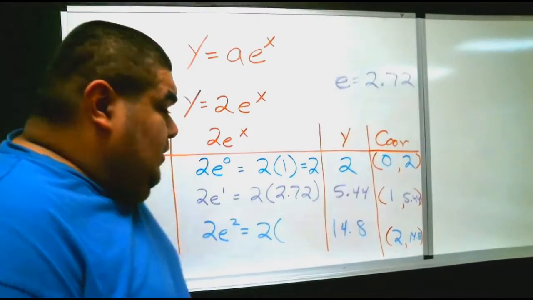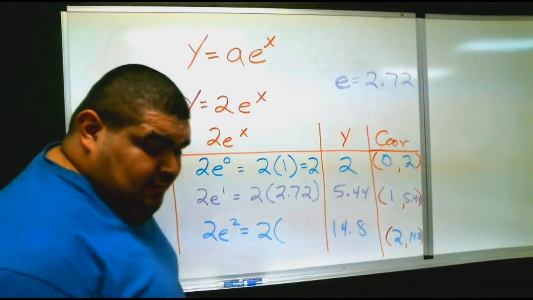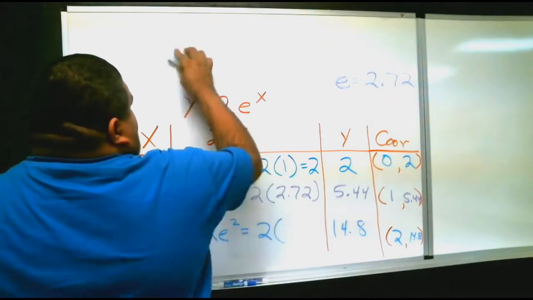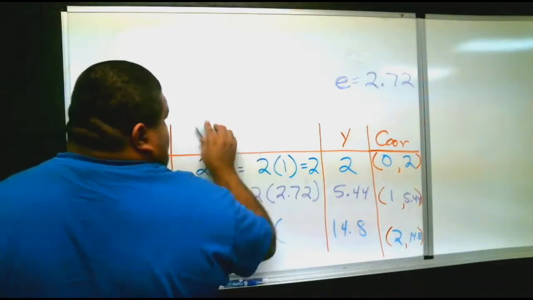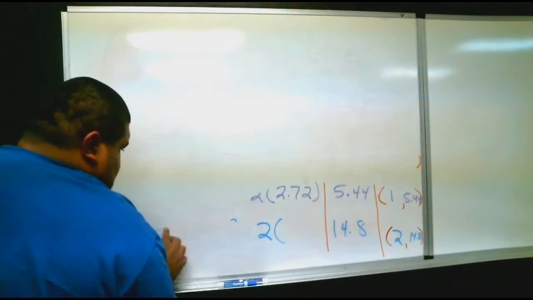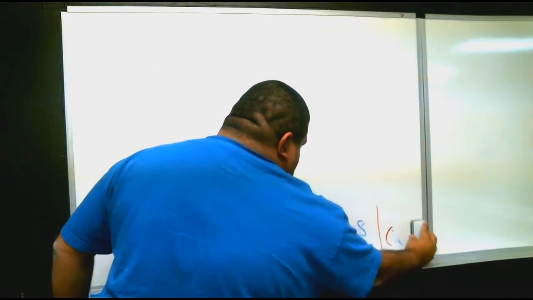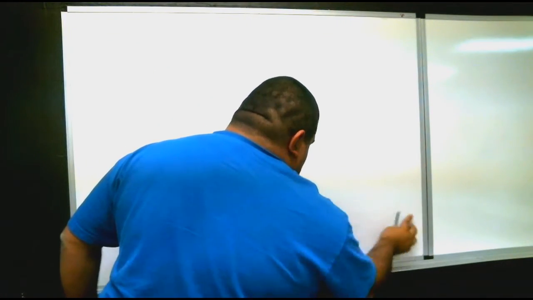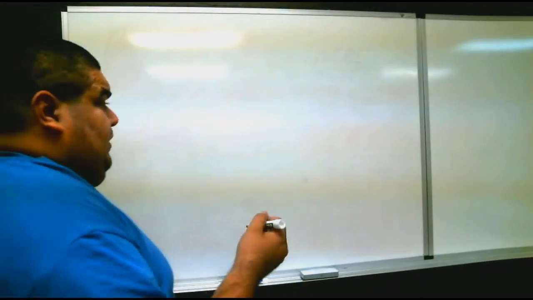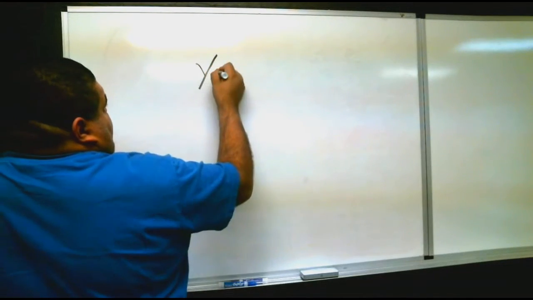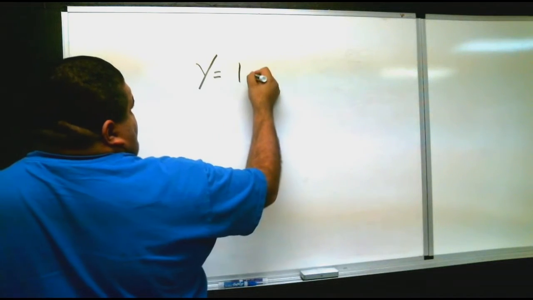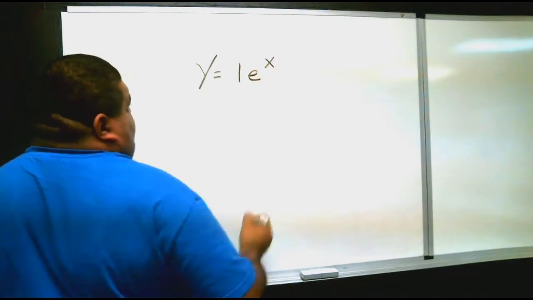Okay? All right. So here's your assignment for today. Your assignment for today is, I'm going to give you y equals 1 e to the x.